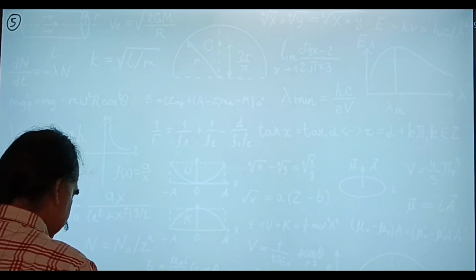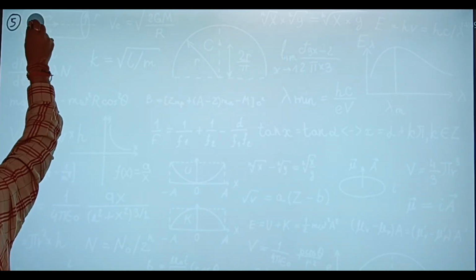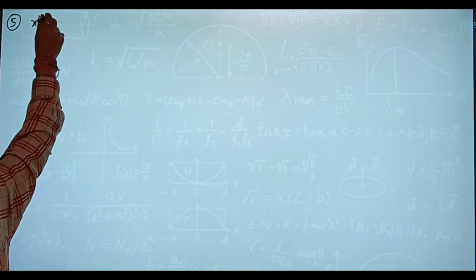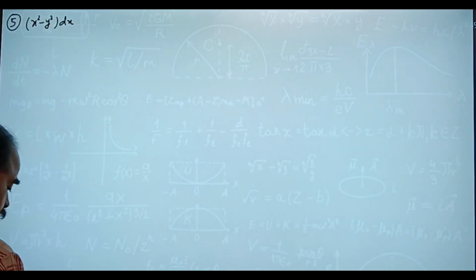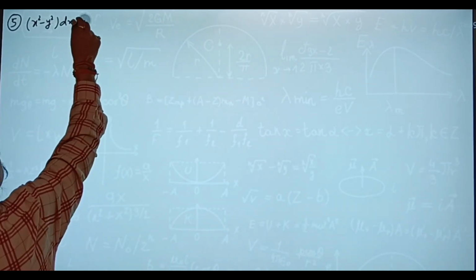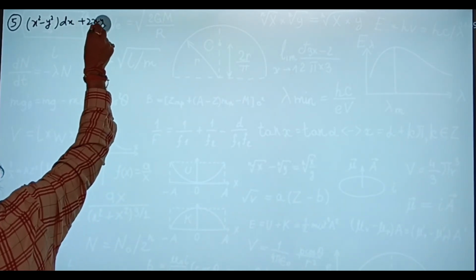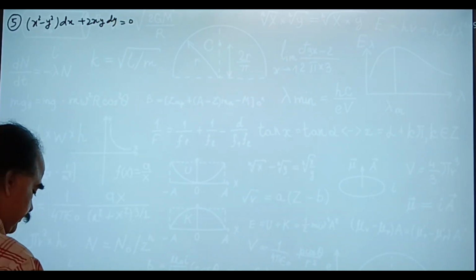Fifth is x square minus y square dx plus 2xy dy is equal to 0.